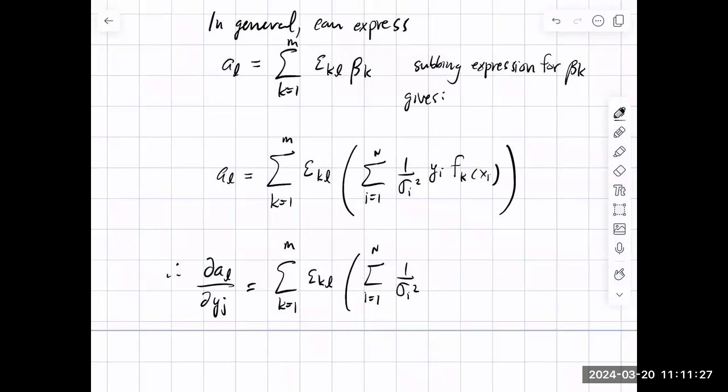So far, all of these things have no y dependence, so our derivative just moves past all of it and then hits this yi. So this is going to be d yi d yj, and then we have fk of xi.